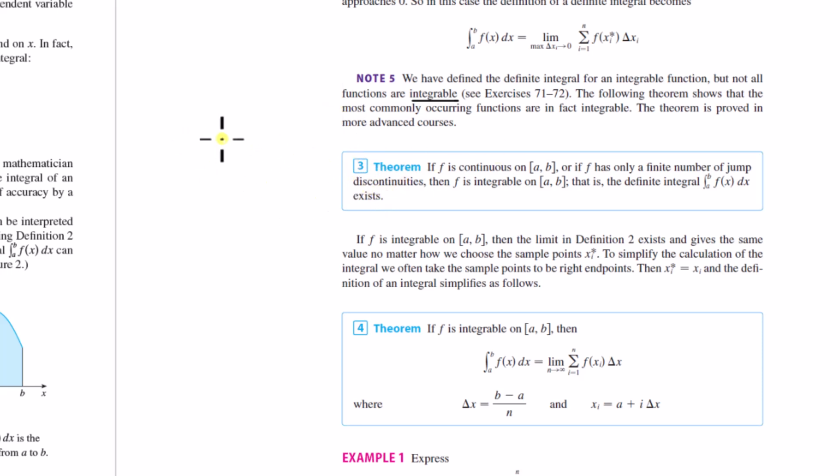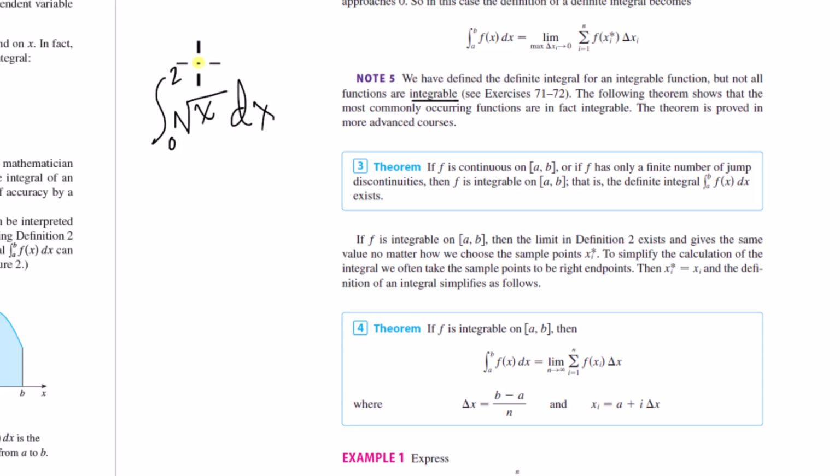You might see a definite integral, let's say from 0 to 2 of square root of x dx, and you're immediately thinking, take the antiderivative of square root of x, evaluate it at 2 and subtract the antiderivative evaluated at 0. At this point in the textbook, that hasn't been talked about yet. We have no idea how to evaluate a definite integral with an antiderivative, and in this entire section we're not going to talk about that.